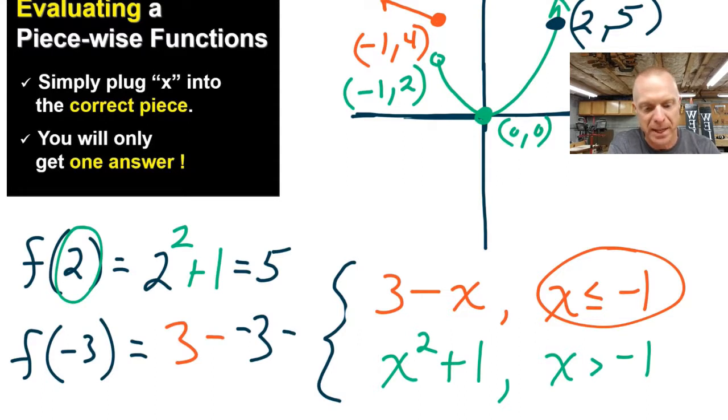And of course, that comes out to be 6. What does that really mean? Well, that means there's a point over here on this red piece at (-3, 6). Okay, but again, there's only one point. That's because we only plugged it into one piece. And anytime you do an evaluation problem, you want to make sure you're doing the same thing. Just plug it in. You get one y value to match with that x.